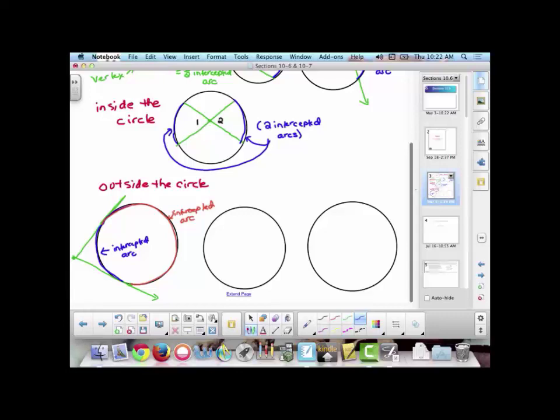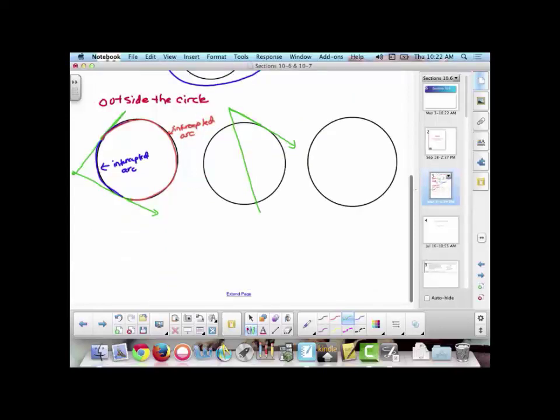A second way we can have the vertex outside the circle is by a tangent line and a secant line intersecting. Here, once again, we have two intercepted arcs.